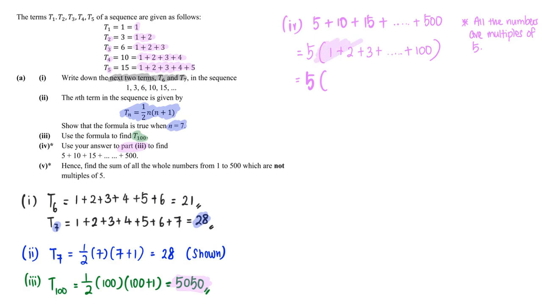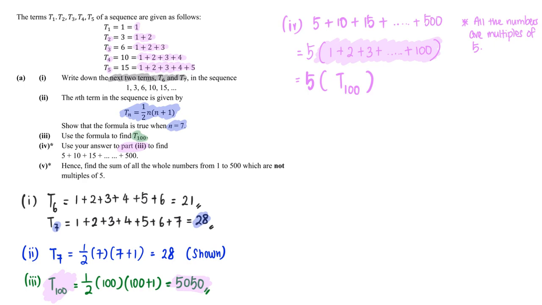This 1 plus 2 plus 3 plus 4 plus 5 plus 6 plus all the way to 100 is actually our 100 term. And wait a minute. Oh, we've got our 100 term here. 5,050.